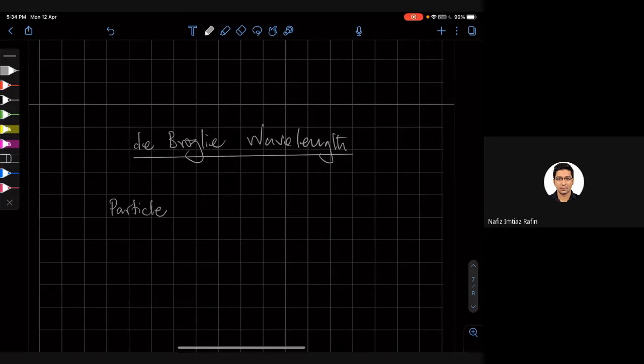He said that the energy of a particle of light, which is now called a photon, should be h nu, where nu is the frequency, and if we express it in terms of h bar, it's h bar omega, where omega is the angular frequency.